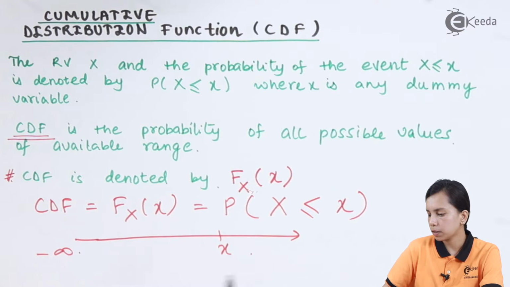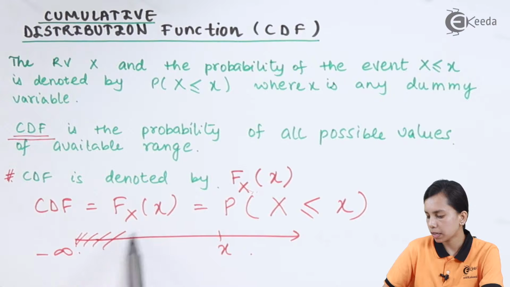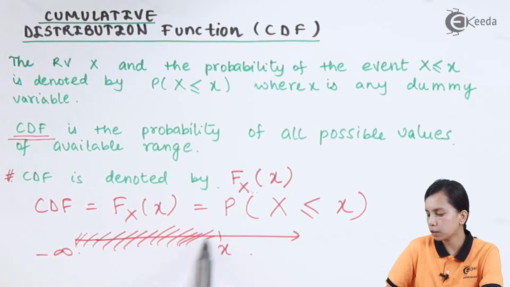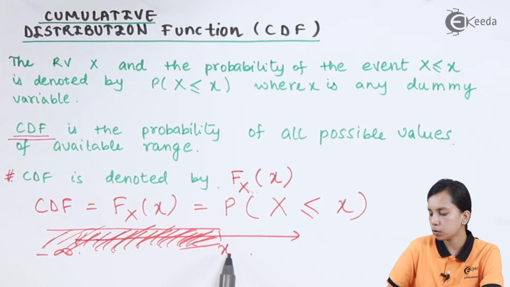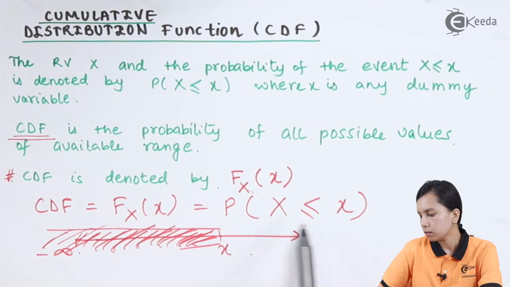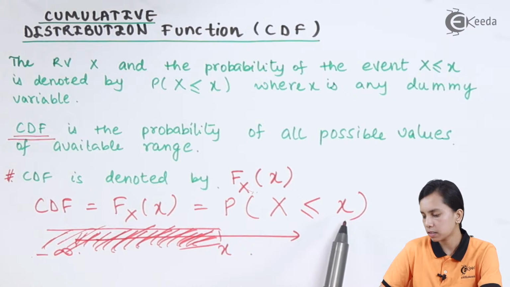If capital X is less than or equal to x, then I can say that this is the possible range from minus infinity to x. I can define the function from minus infinity to x, because capital X is less than or equals to x.